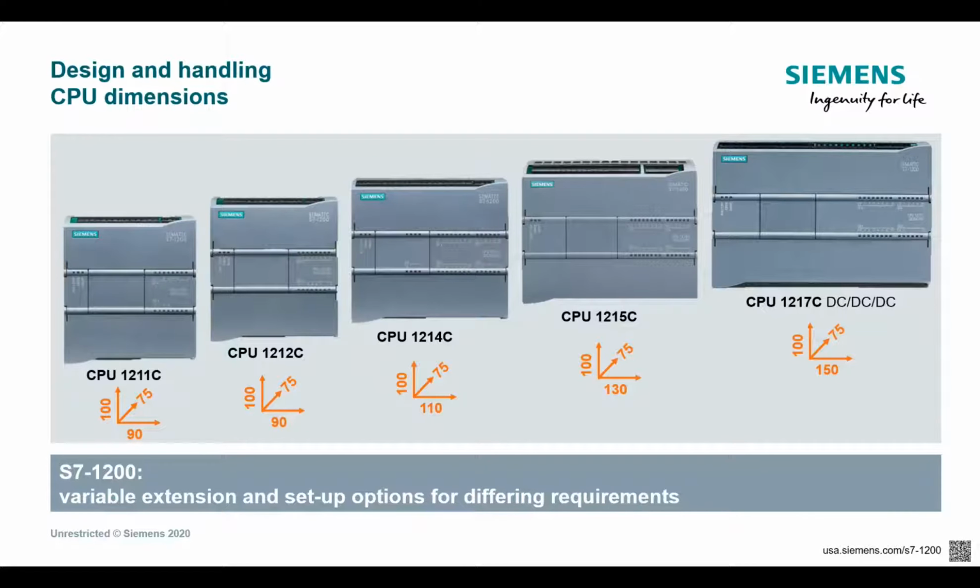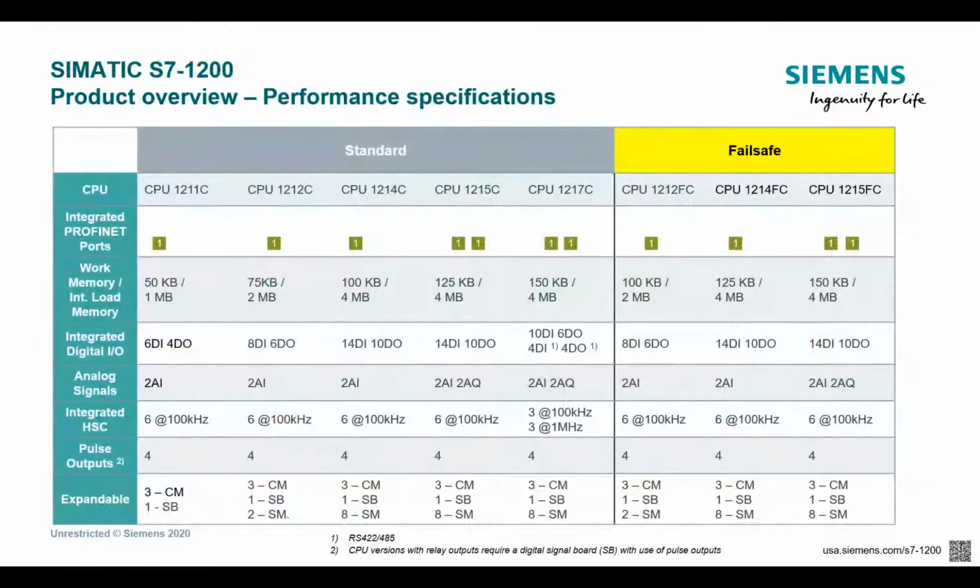We can see that here in more detail on the next page, where as you start with the 1211, you've got 6 digital inputs, 4 digital outputs. 1212, 8 DI, 6 DO, and then 1214, we start to get into the 2 outputs with the 1215, and then as you move up to the 1217, you get a few different options in terms of the amount of counters, the amount of digital analog.